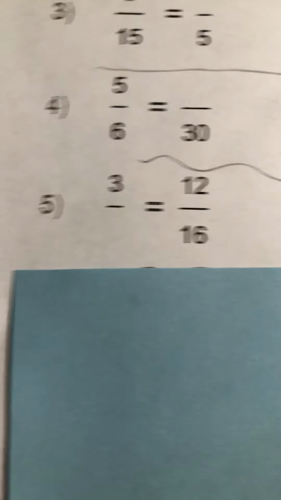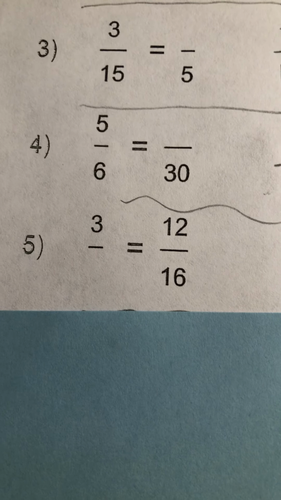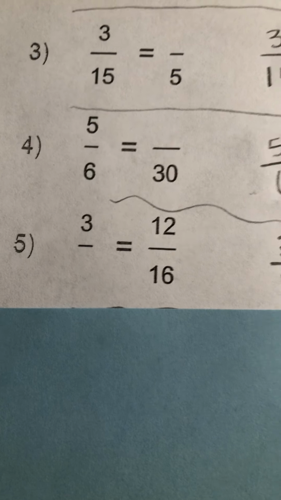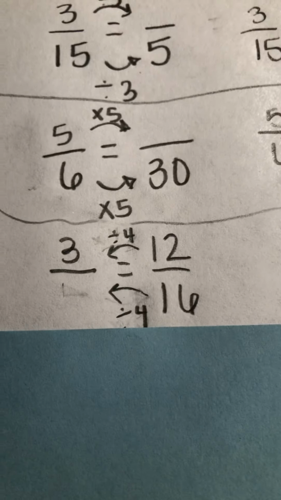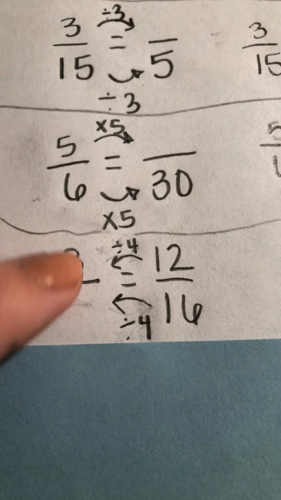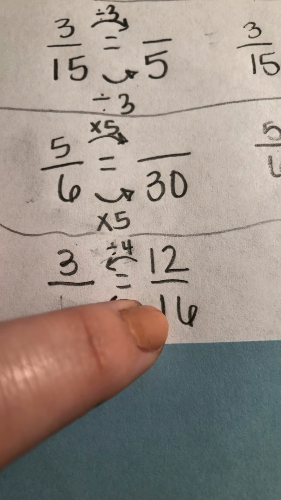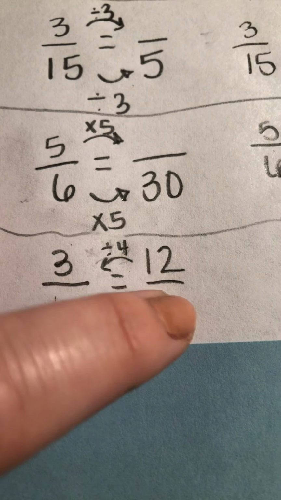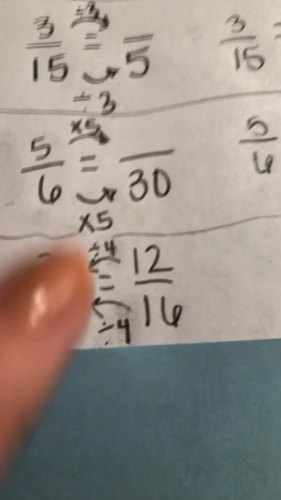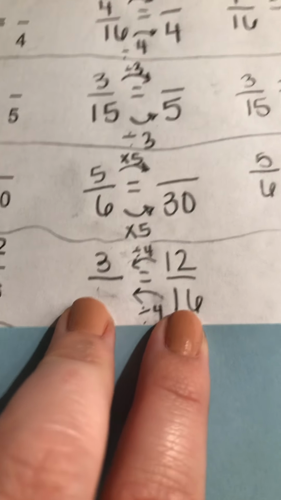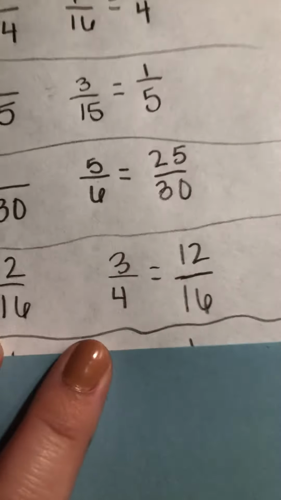Alrighty, number 5. 3, and then the denominator is missing, equals 12/16. So we can't figure out going this way, but we can look at our larger number. Right here, our larger numbers, because when I say this, these fractions are going to be eventually equivalent.